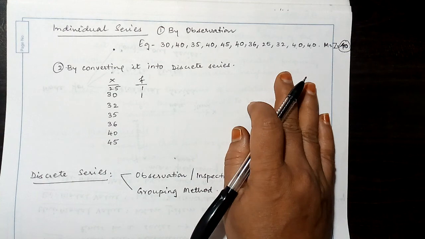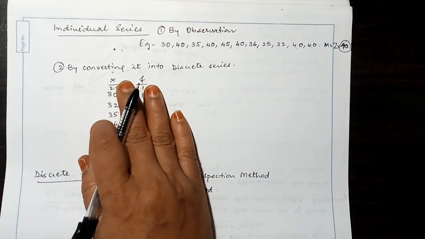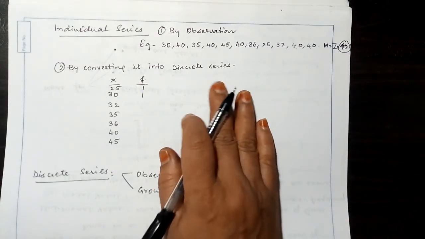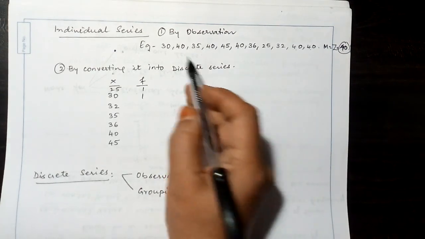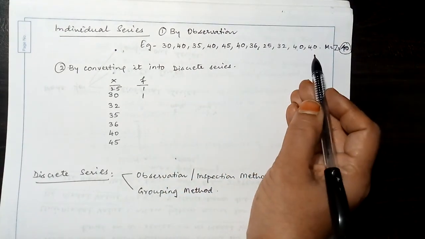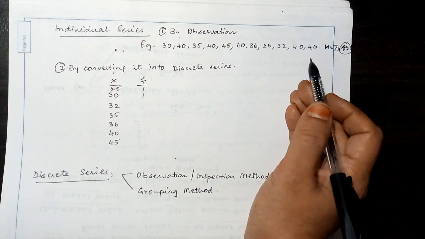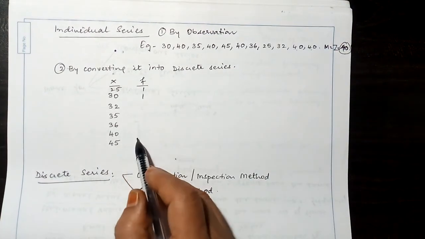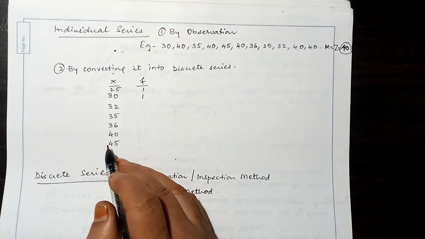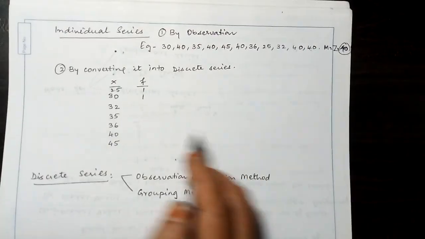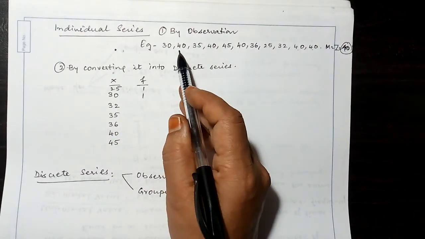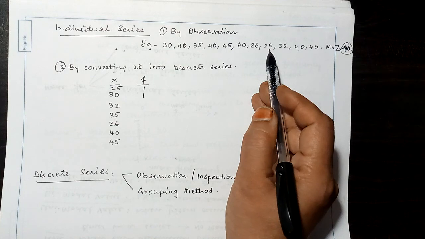This we can also do by converting it into a discrete series. Why are we calling it a discrete series? Because a value is occurring more number of times. That means it has a frequency. So we can draw frequency for the given observations to find out the mode. How do we do it? Now we have the observations here.